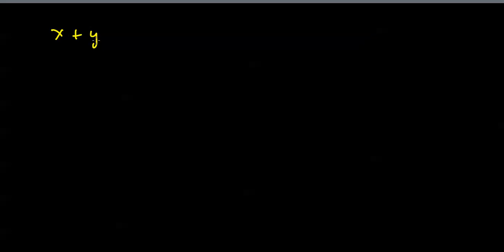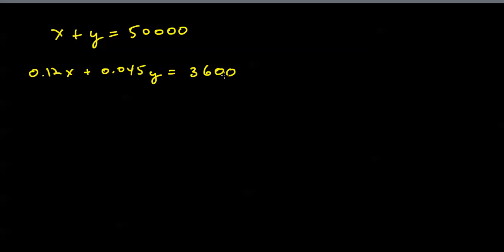Give me a minute here. So I've got x plus y equals 50,000, and then 0.12x plus 0.045y, that's my interest equation, has to equal $3,600. There's the system I have to solve.